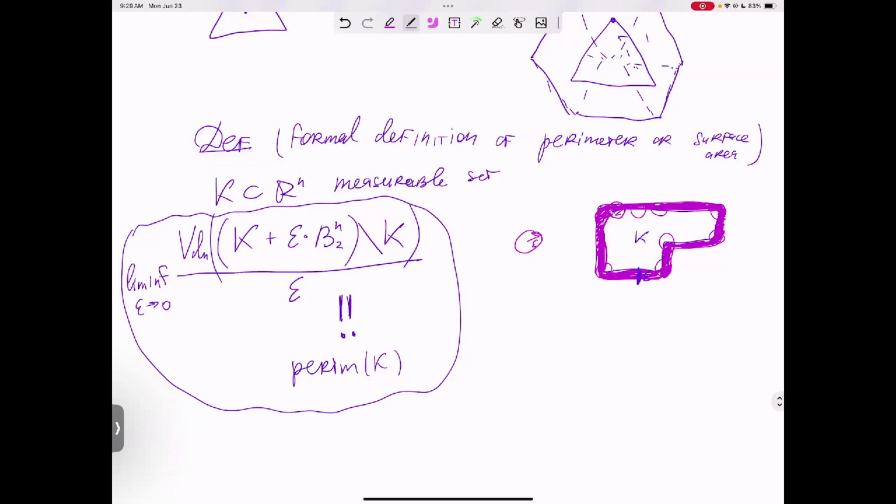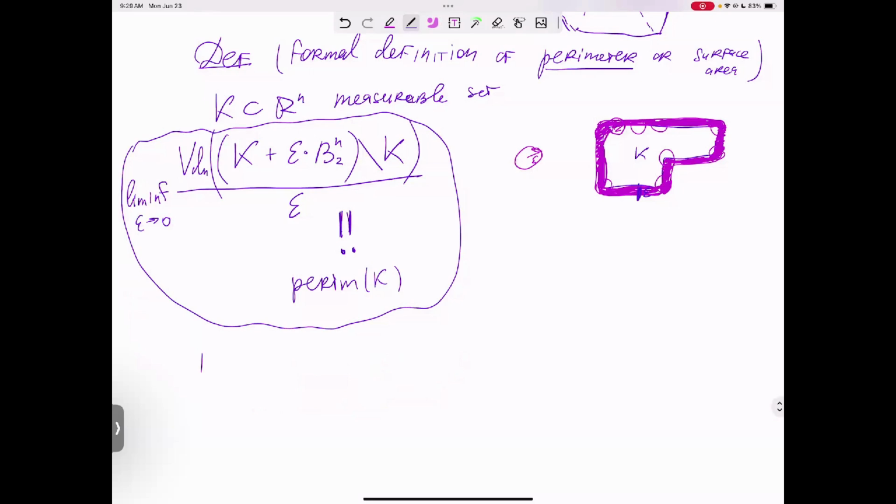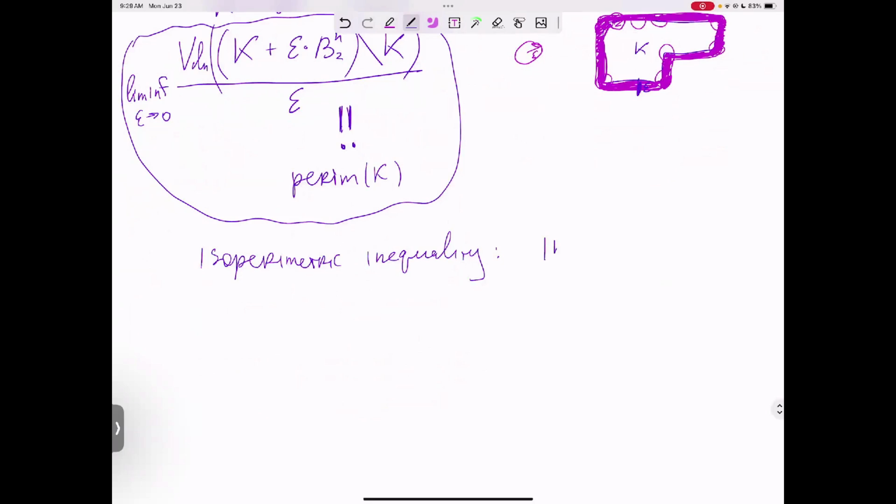So this is the perimeter of a set. So the isoperimetric inequality tells us that if the volume of K is the same as the volume of the Euclidean ball, then the perimeter of K is bigger. Now let me reformulate it a bit.